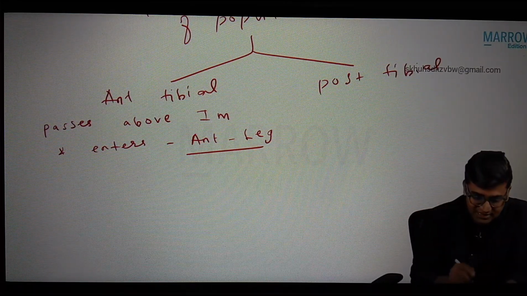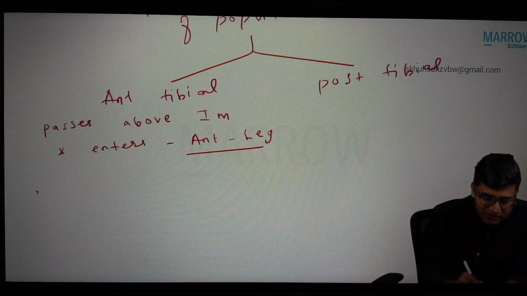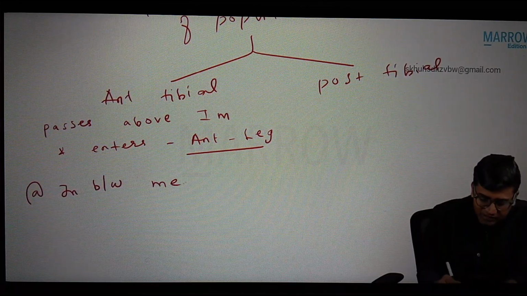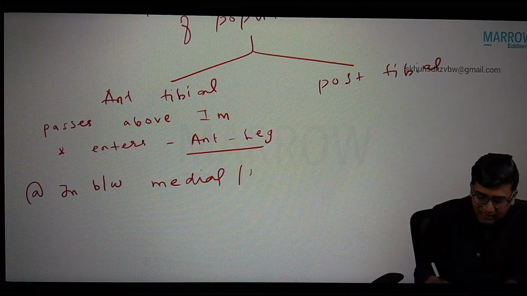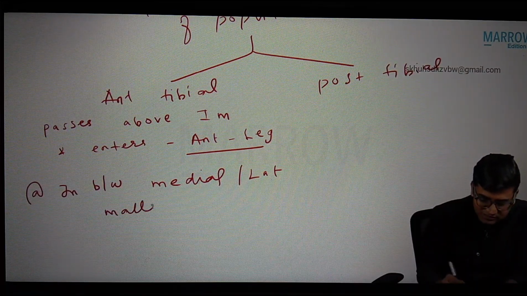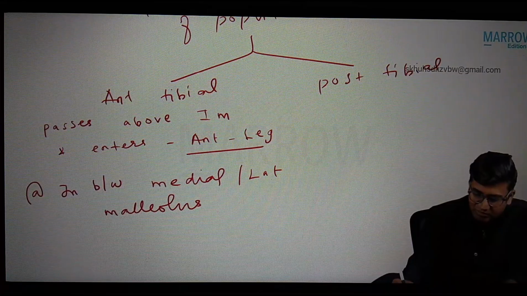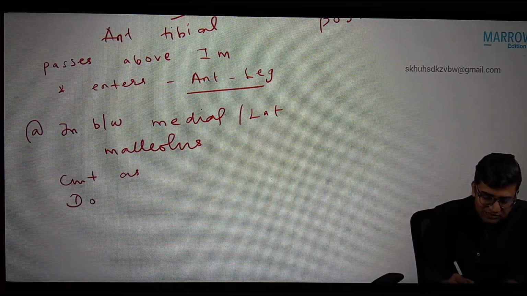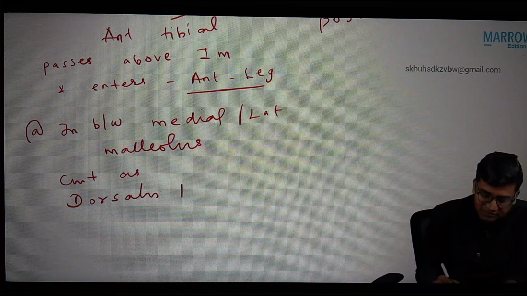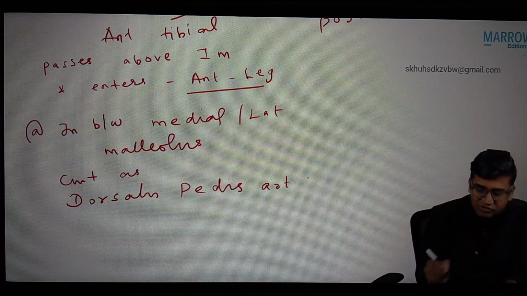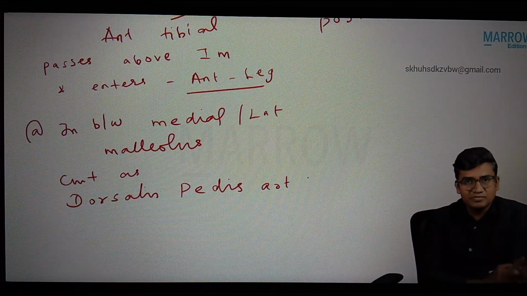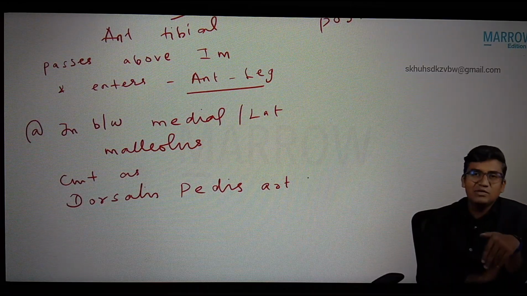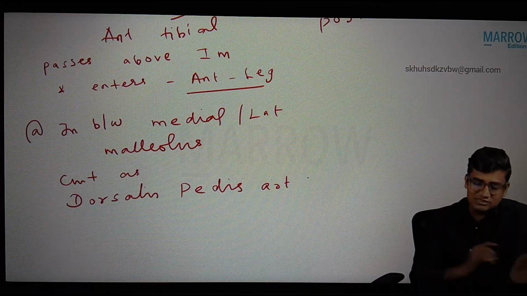Now the anterior tibial artery, at the junction between medial and lateral malleolus, in turn continues as dorsalis pedis artery. So dorsalis pedis artery is nothing but continuation of anterior tibial artery at the junction of two malleoli.